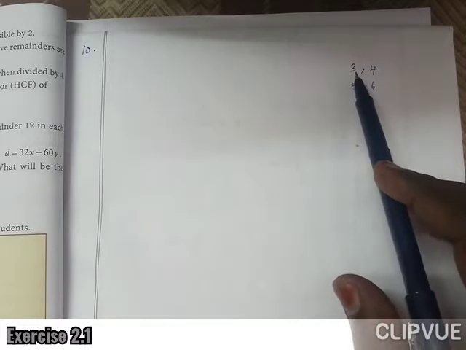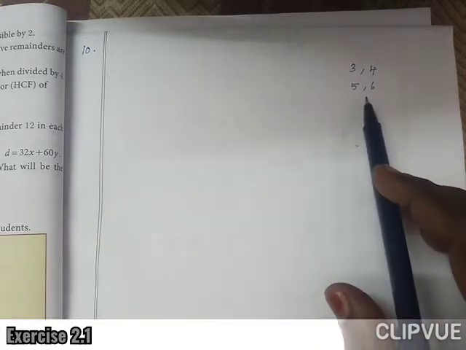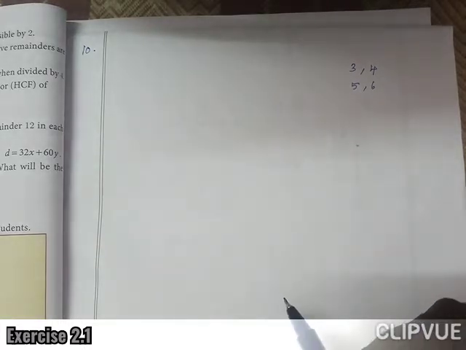Therefore HCF is 1. So 3 and 4 are coprime numbers. Like 5 and 6, here also the HCF or GCD is 1. Therefore 5 and 6 are coprime.